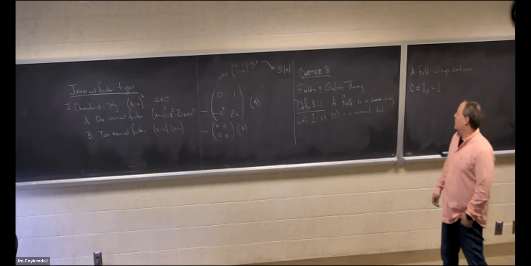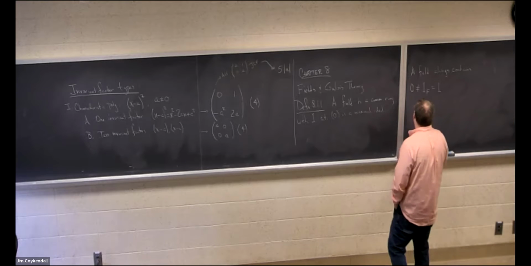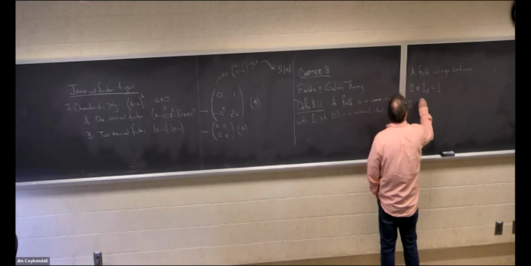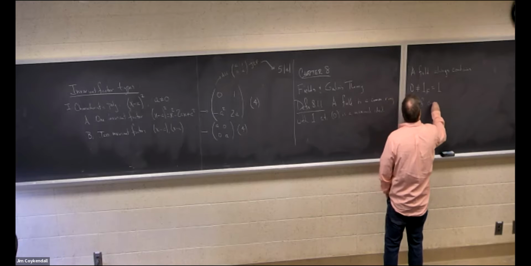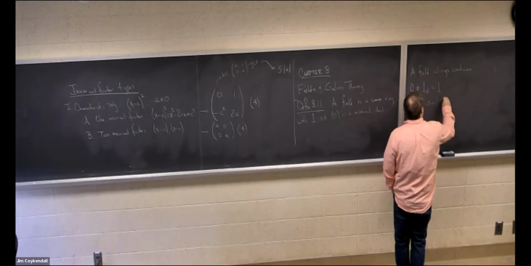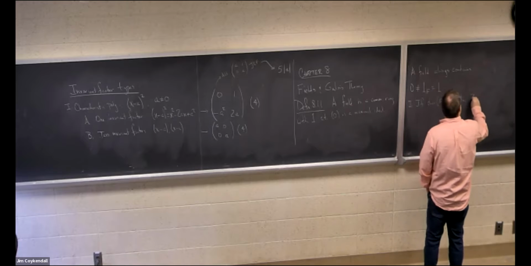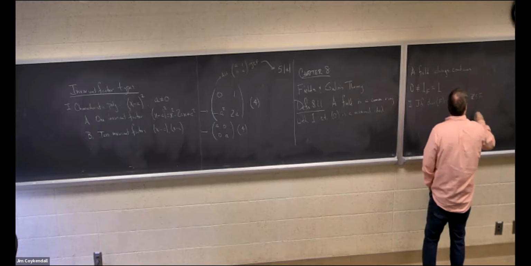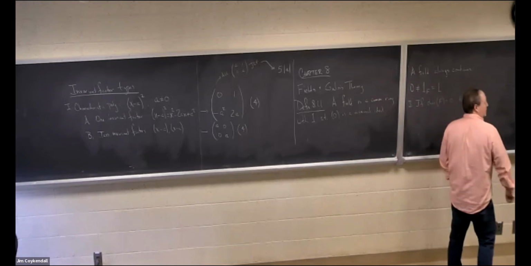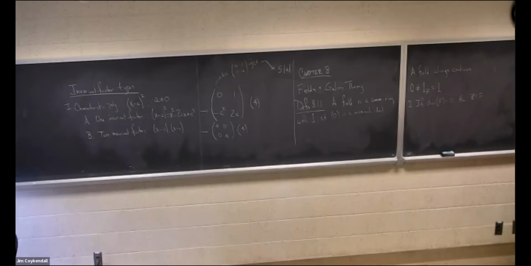Now, there is a big distinction here. If the characteristic of the field is 0, then Z is contained in it, because what that means is the additive order of the identity element is infinite.